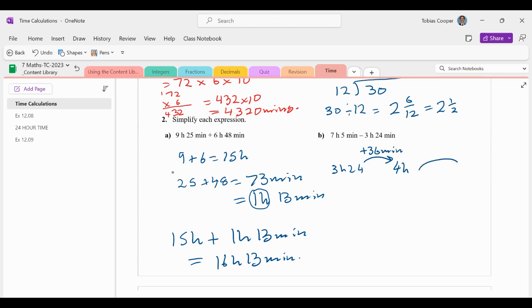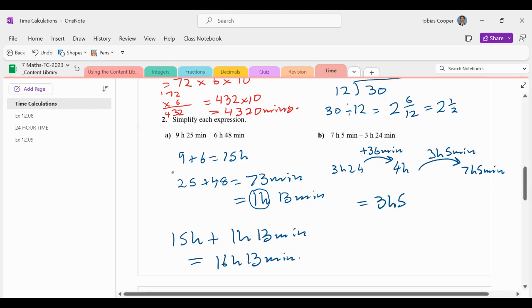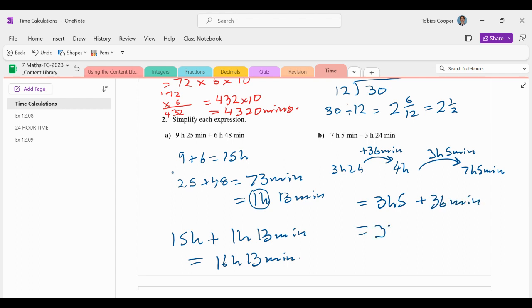Then I've got to figure out what I need to add to get to 7 hours and 5 minutes. That'll be 3 hours 5 minutes. So then we have 3 hours 5 plus 36 minutes, which will be 3 hours and 41 minutes.